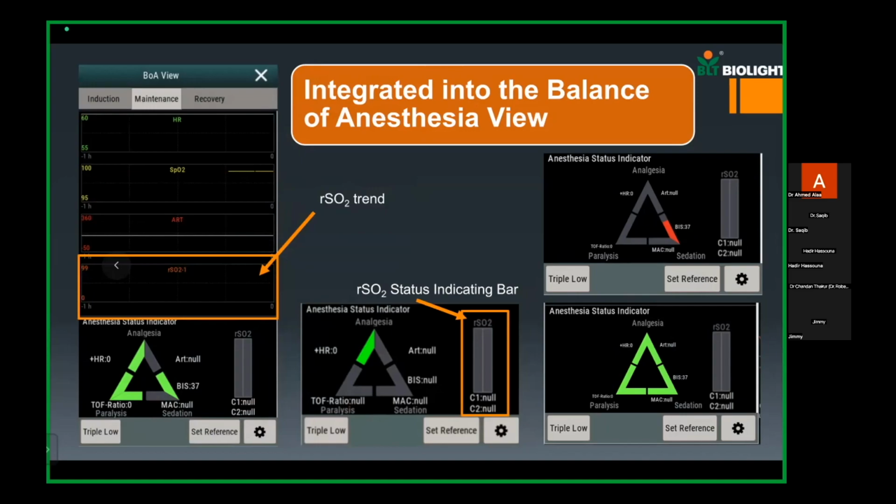If parameters are outside the limit, the bar will decrease and become red, so it moves away from the center and becomes red. If the parameters are higher than upper limits or lower than lower limits, there is imbalance in anesthesia. For the anesthesiologist, this will make their life easier. This is very good.